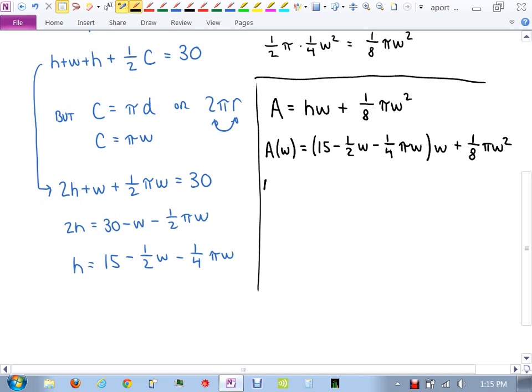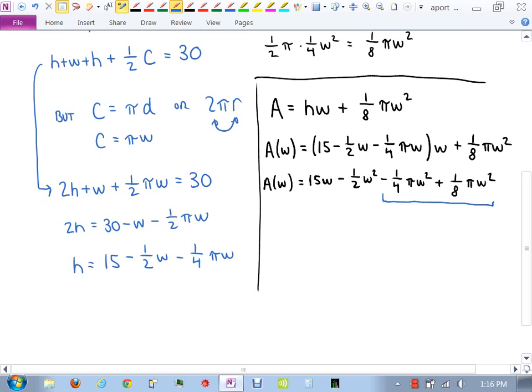Distribute that W through. 15W minus 1/2 W squared minus 1/4 pi W squared plus 1/8 pi W squared. You can collect some like terms together here, right? These two. I mean, in fact, you could actually put the negative 1/2 W squared together with those, but let's just do those two.